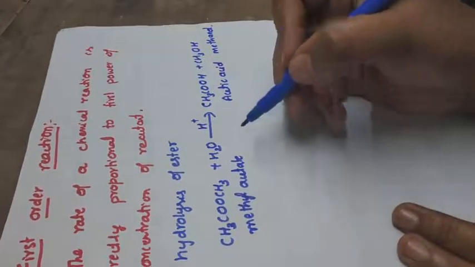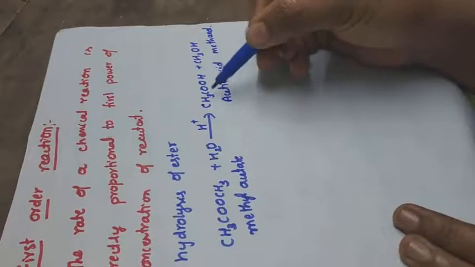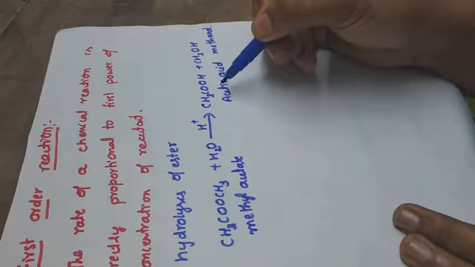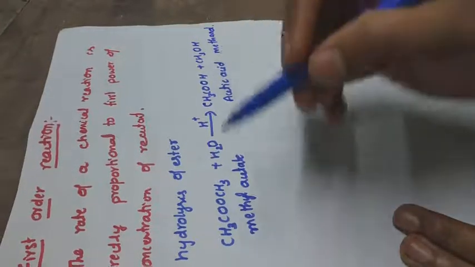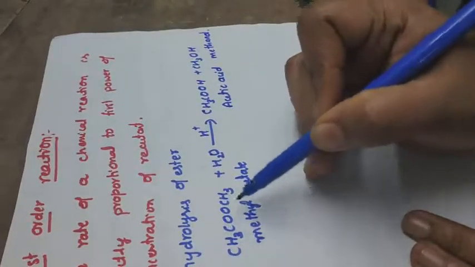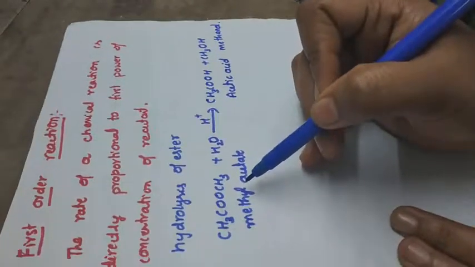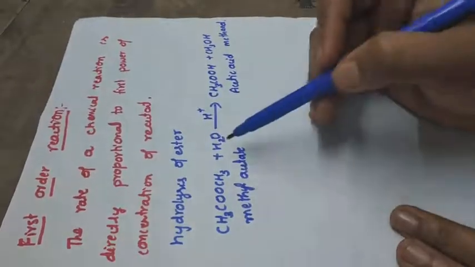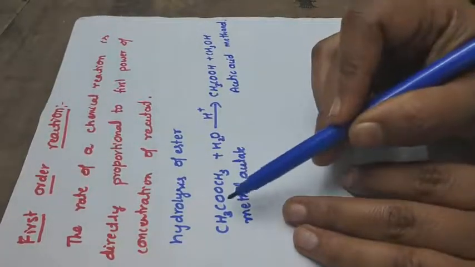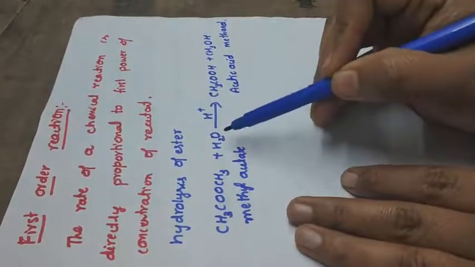So here the amount of acetic acid formed or produced totally depends on the amount of methyl acetate added. So here you can see there are two reactants, methyl acetate and water.